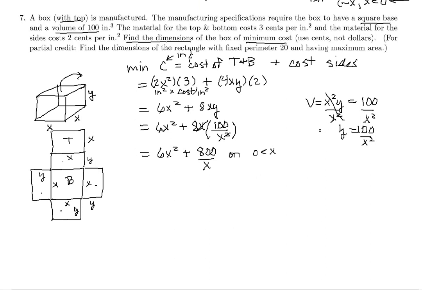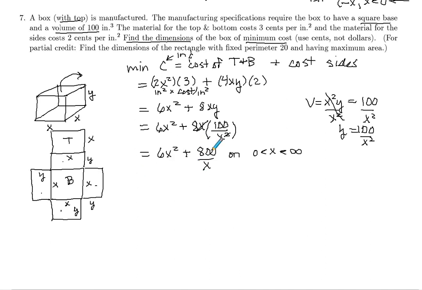And then, x squared times y has to equal 100. x could get bigger and bigger, and as long as y got smaller and smaller, the height could compensate, and we'd still have a volume of 100. So there's really no upper bound on what x could be. So this would be 0 to infinity. But certainly x can't be negative. So if we get a negative critical number, we've got to kick that out.